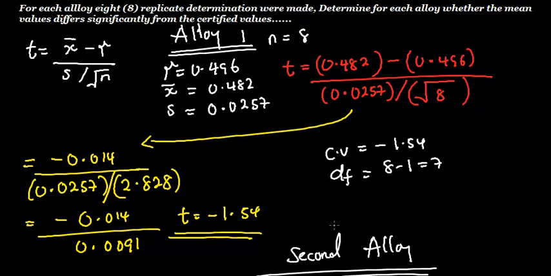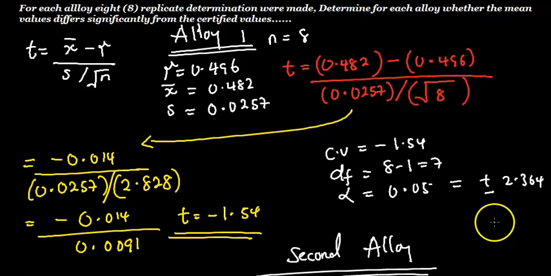So at this point, the critical t value from the t distribution table, with alpha 0.05 for a two-tailed test, is approximately plus or minus 2.364. Since our negative 1.54 is less than 2.364 in magnitude, the mean value of alloy 1 does not differ significantly from the certified value.